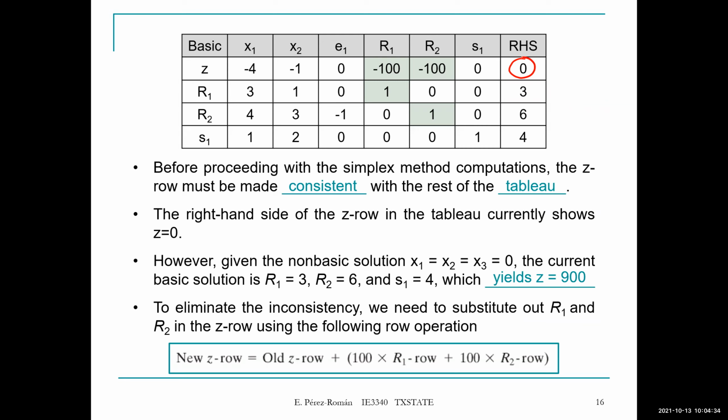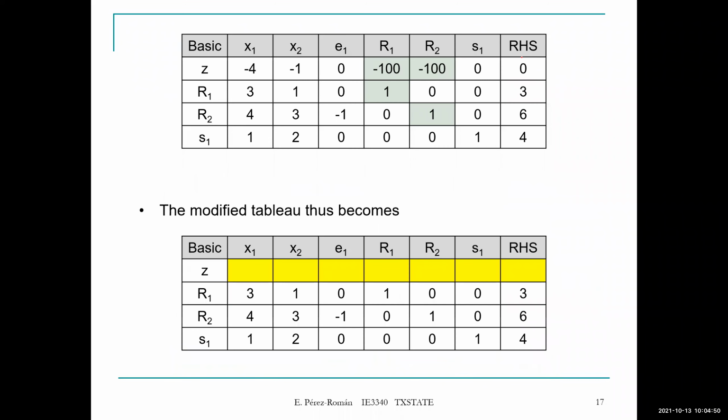So basically what we are saying is we're going to apply the Gauss-Jordan method and we're going to make this equal to 0 and this equal to 0 to make sure that this is consistent. And that's the operation this equation is showing, how to make this equal to 0. So essentially, this is the tableau that we have right now. What we want to do is to make this equal to 0.